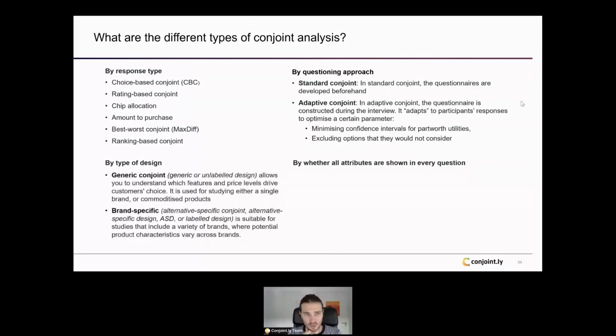Then we have 2 typical ones. Generic conjoint was the topic of today. We also have brand-specific conjoint, also known as alternative specific design conjoint. It's the same as a generic conjoint, except some levels are limited to specific brands. If we go back to smartphones, typically I would do that with a brand-specific conjoint for the very simple reason that operating system is brand-specific.